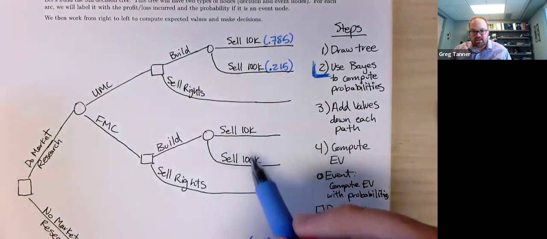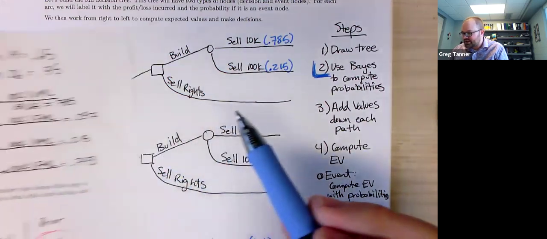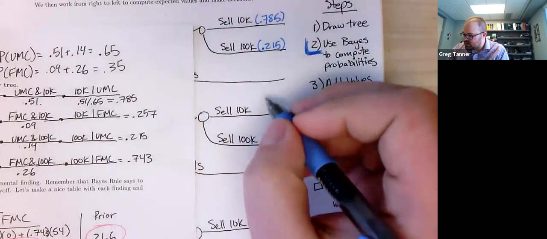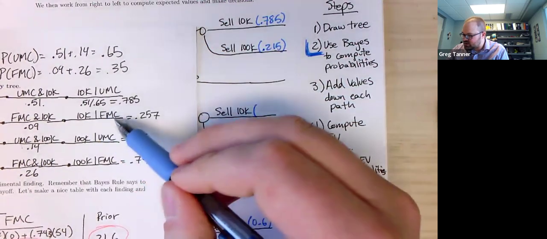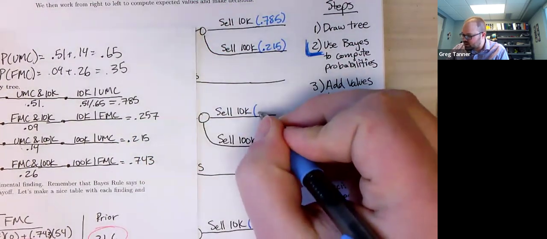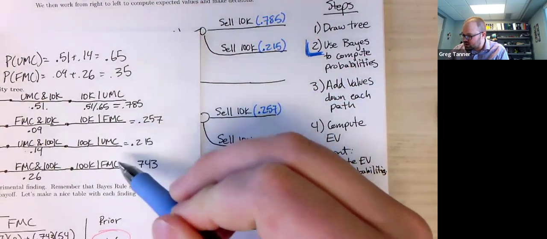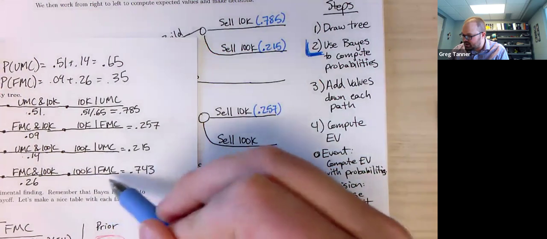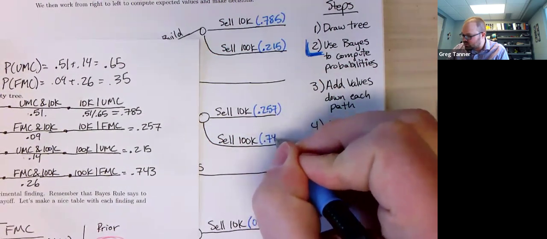Down here, these two are conditional on a favorable market condition. And so I'm going to use those probabilities. And so 10K conditional on a favorable market condition is 0.257. And 100K conditional on favorable market condition is 0.743.